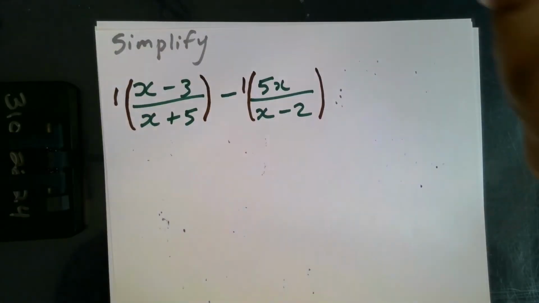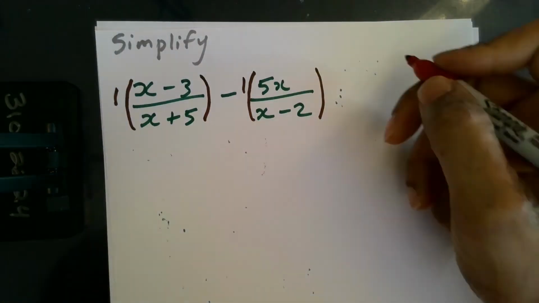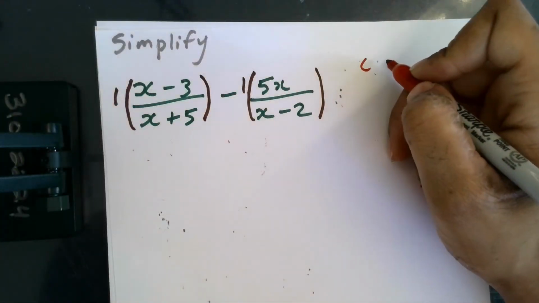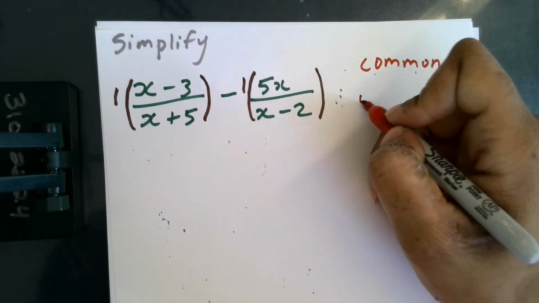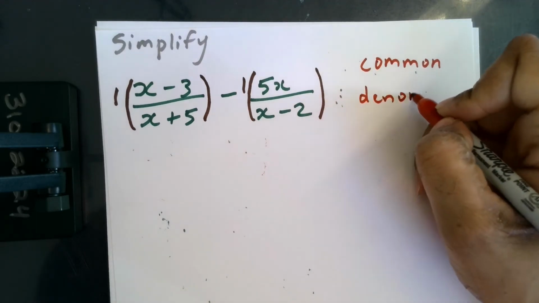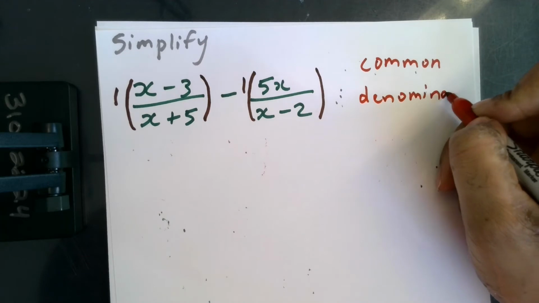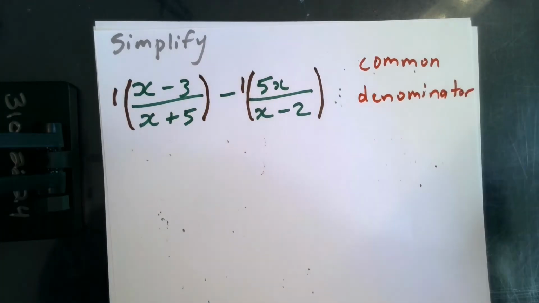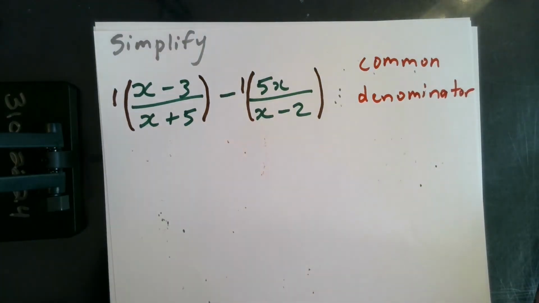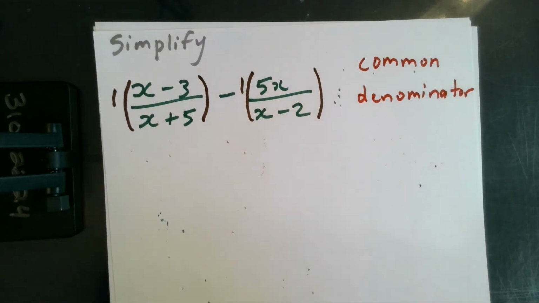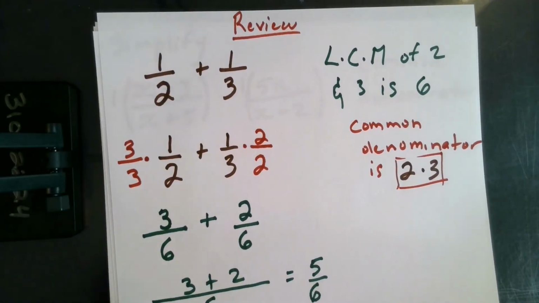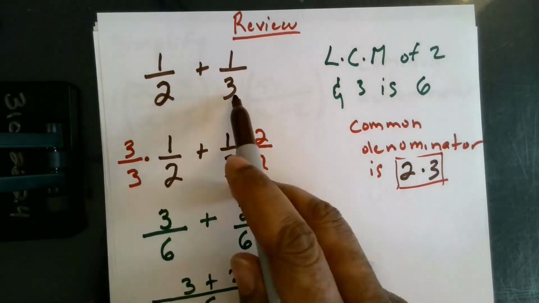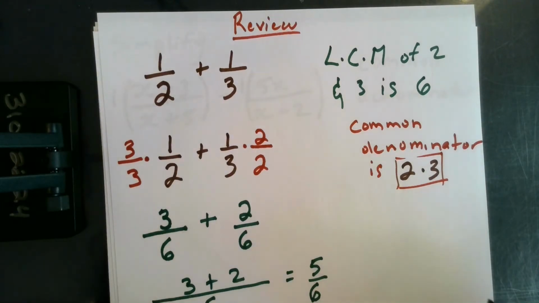All right, so common denominator. Okay, common denominator. All right, so all I'll be doing is, as I did in the previous example, I just say 2 times 3, and that would give me my common denominator.